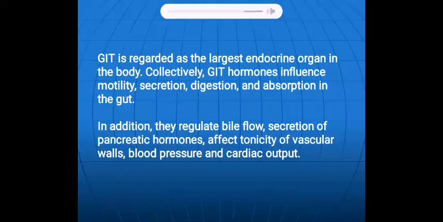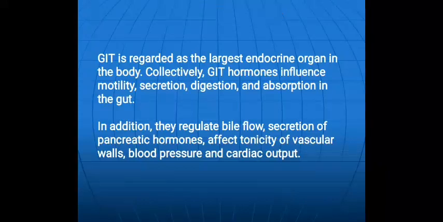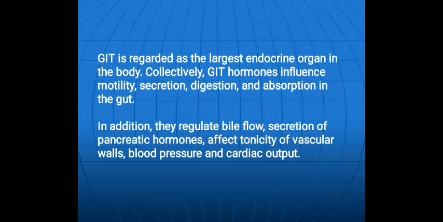GIT hormones, هرمونات الجهاز الهضمي, is regarded as the largest endocrine organ in the body. Collectively, GIT hormones influence motility الحركة, secretion طرح أو الإفرازات, digestion الهضم, and absorption in the gut, وكذلك الامتصاص بالقنوات الهضمية.